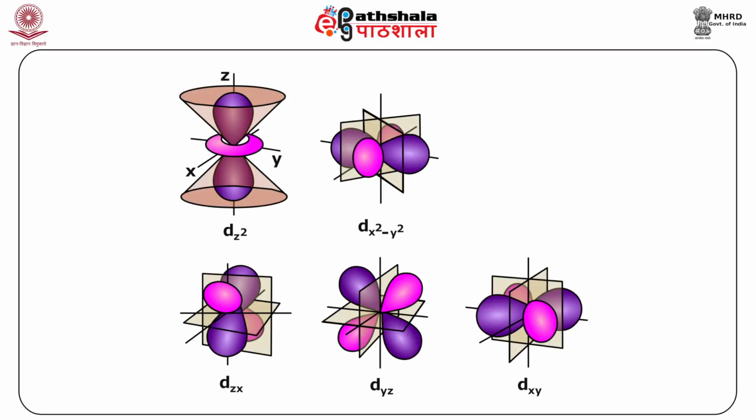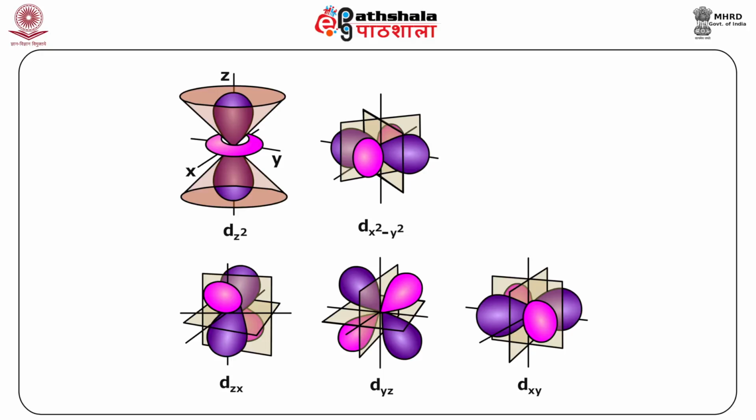For a d orbital, the value of l is 2, and there are a total of 5 d orbitals per n level. The first d orbitals appear in the n equal to 3 principal shell. Two types of shapes are there for the set of 5 d orbitals. Three are dumbbell shaped, or clover leaf shaped.